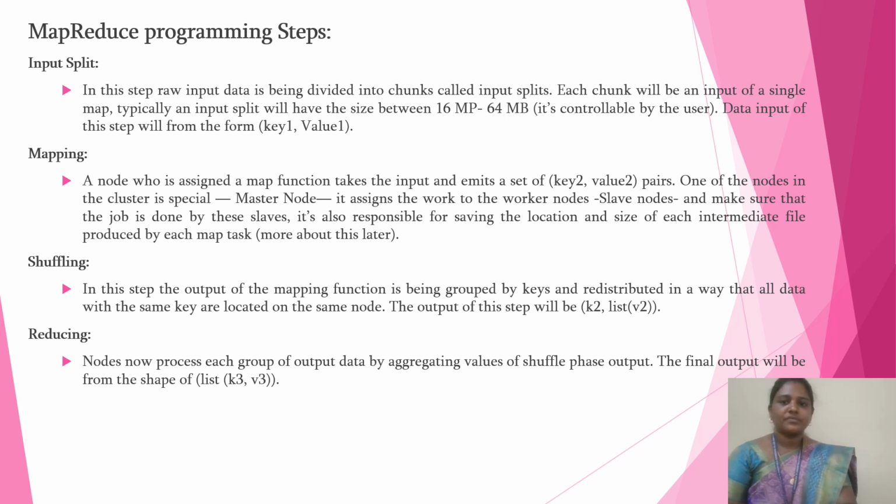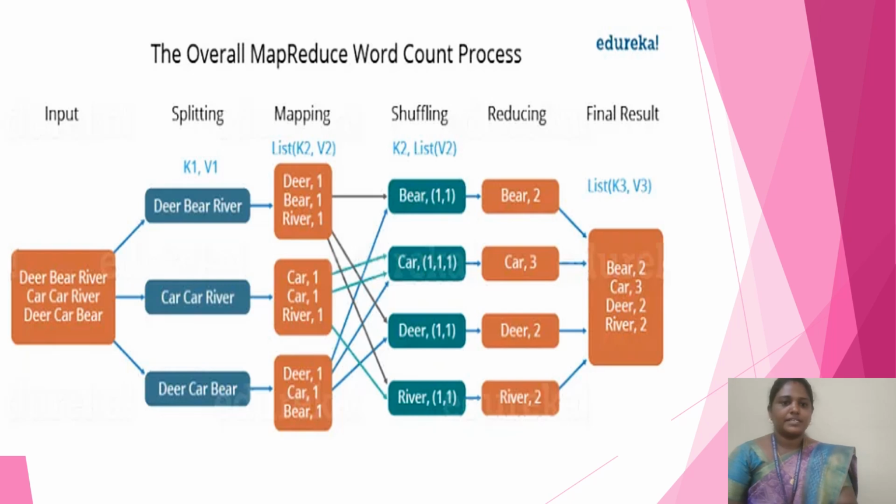So the next one is an example of the overall MapReduce word count process. The given input is deer, beer, river. Each group of data is split in the first step into K1 and V1 by identifying the keys and values.